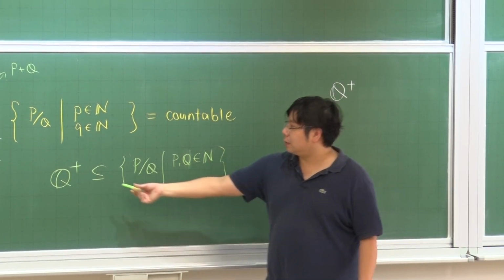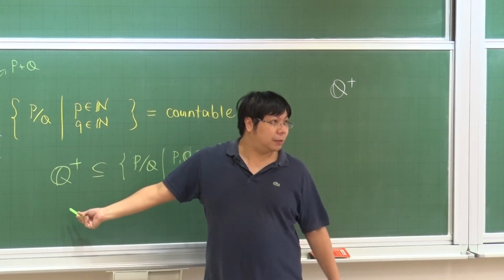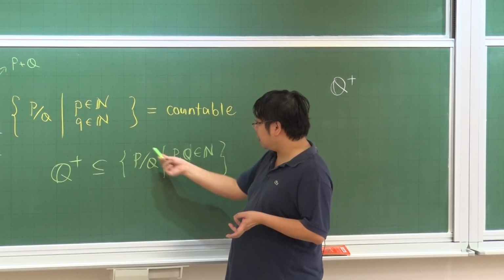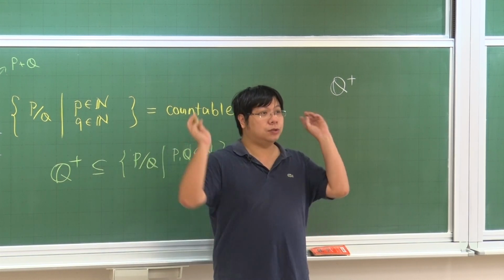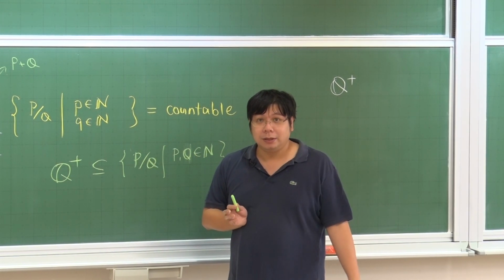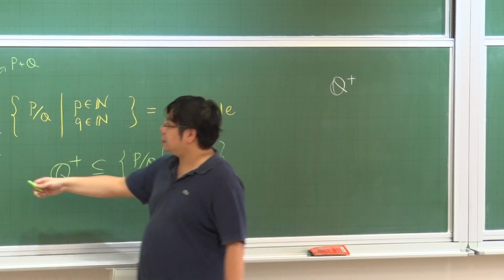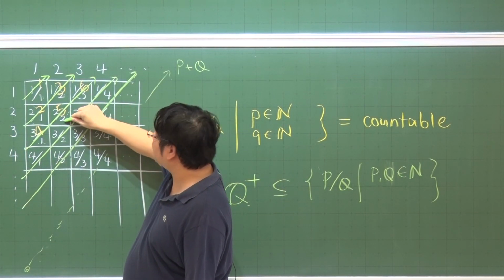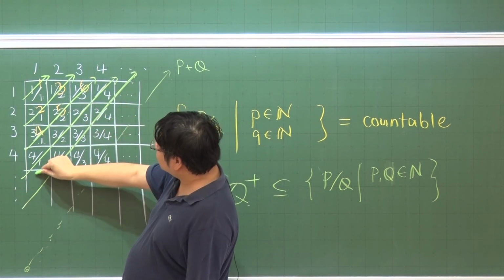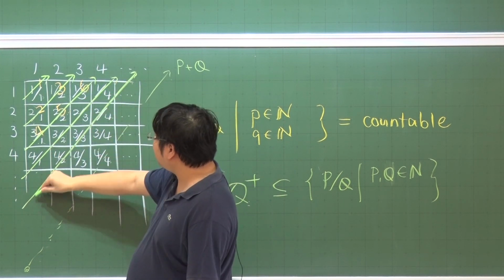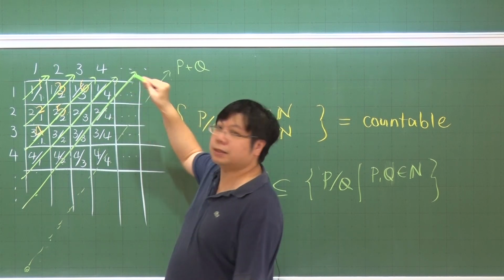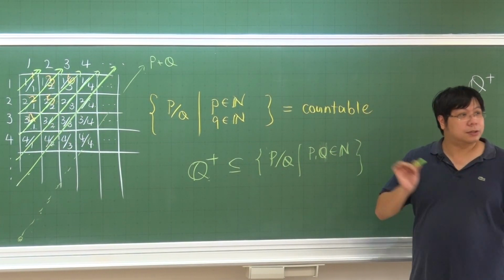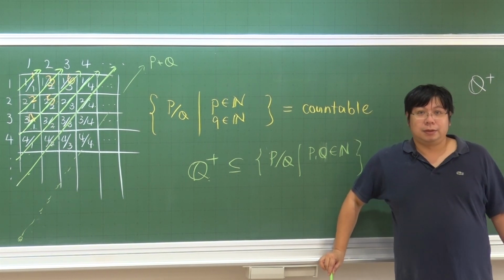You can think of the positive rational numbers as the set of P over Q such that P and Q are integers and there is no common factor between P and Q. So Q plus will just select this element, this element, this element, but not this one, and so on and so forth. So this is a subset of a countable set, so it must be countable.